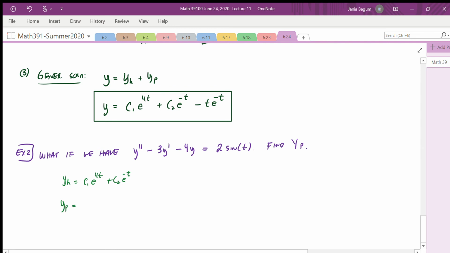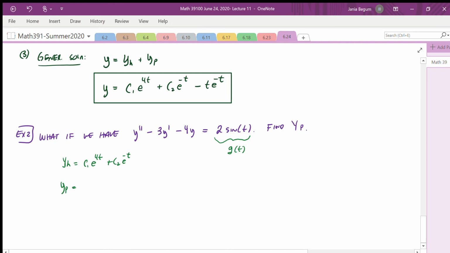Now what is g of t? G of t is right here. So that means it has a trig function and it's sine. This is how you're going to guess for g of t. If g of t is sine or cosine, your particular solution will have both sine and cosine.